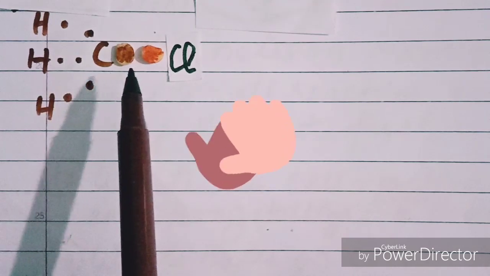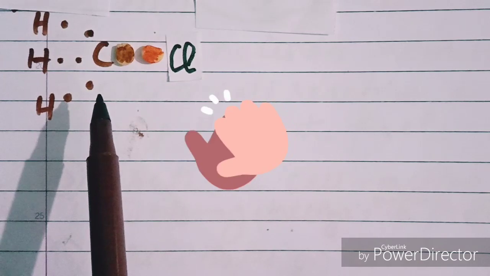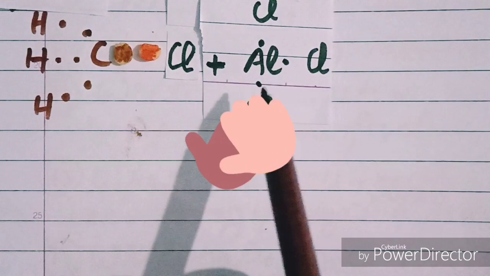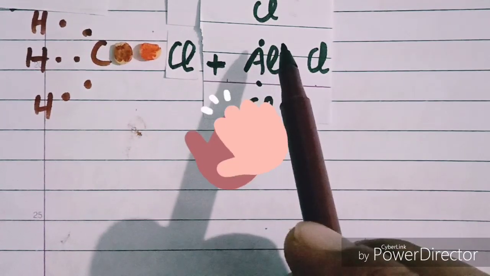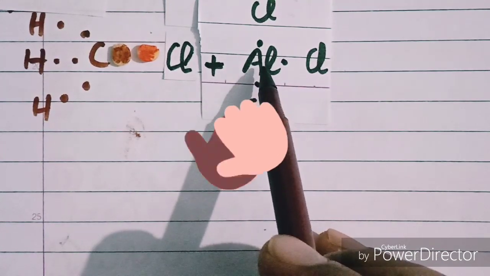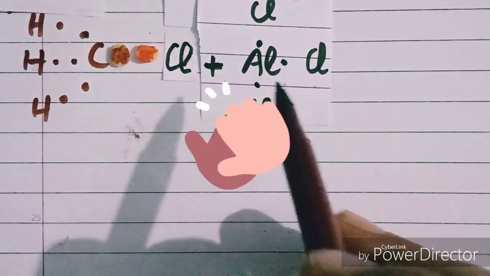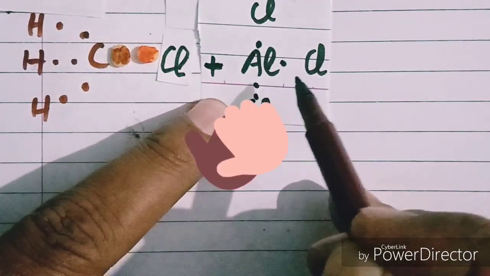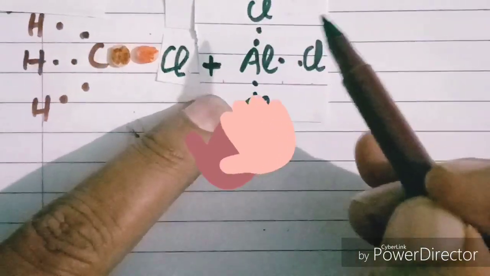will be treated with a halogen carrier, that is the catalyst in this reaction. In AlCl3 you find Al has 3 electrons and each chlorine will provide 1 electron to this aluminum to attain sextet, means 6 electrons. You see, this chlorine will provide 1 electron, this chlorine will provide 1 electron, this chlorine will provide 1 electron.